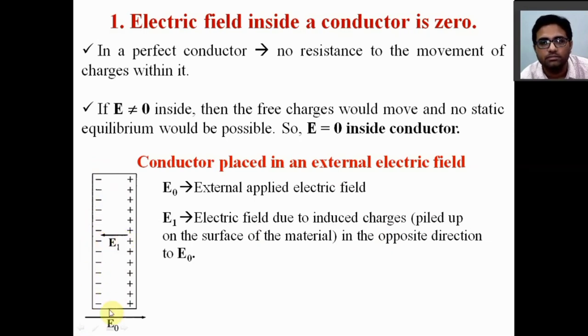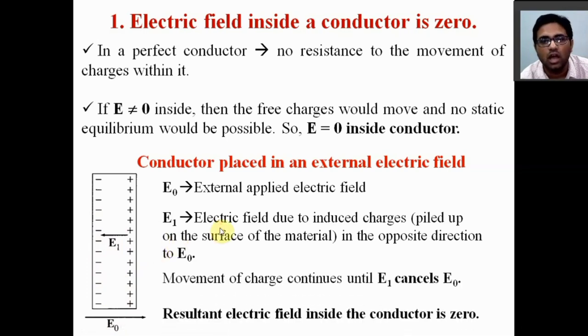These induced charges produce an electric field E1 inside the material in the opposite direction of E0. The movement of charge continues until E1 cancels the external electric field E0 and the resultant electric field inside the conductor is 0. This whole process is instantaneous. It is very fast.